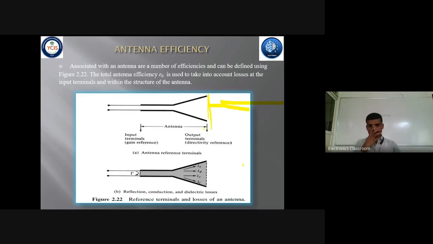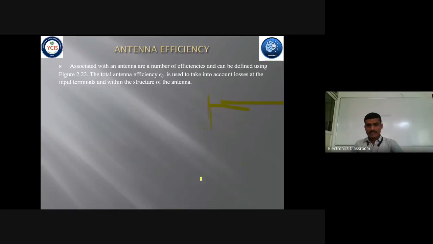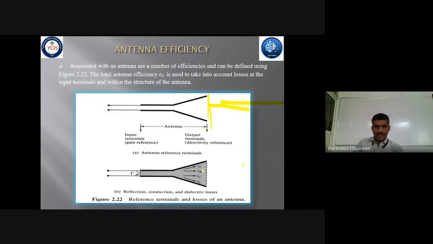Now we can see in this figure that there is IC, there is ID, there is again IC and IC. Now these are the dielectric losses, that is, current flowing through that particular dielectric medium, current flowing through that particular conduction medium, and the overall efficiency gathered at the antenna is known as your total antenna efficiency.